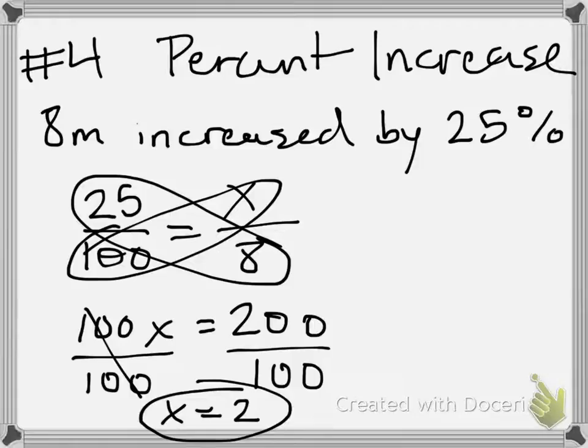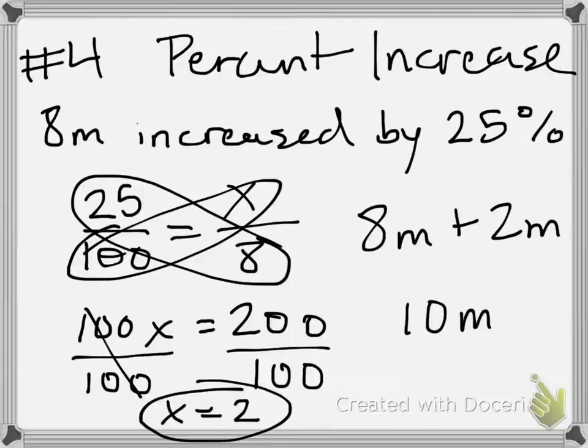So the increase is 2 meters. If you read the directions, it says find the new amount. Our old amount was 8 meters, and it increased by 2 meters. 8 meters plus 2 meters gives us 10 meters. So our new amount would be 10 meters.